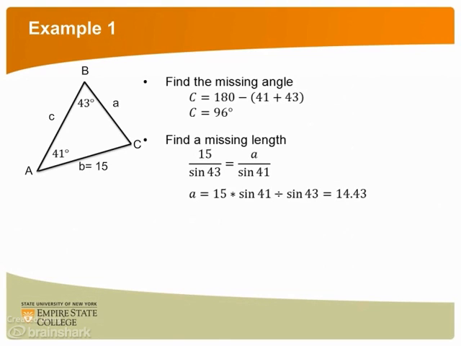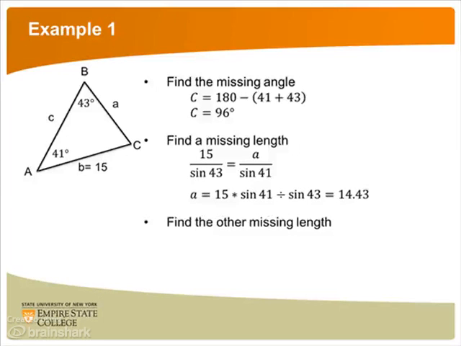We cross multiply the 15 and sine of 41 degrees, and also little a and the sine of 43 degrees. To solve for little a, we would divide both sides by the sine of 43 degrees. However, we can do all this work in one step, as shown. This results in little a equal to 14.43.